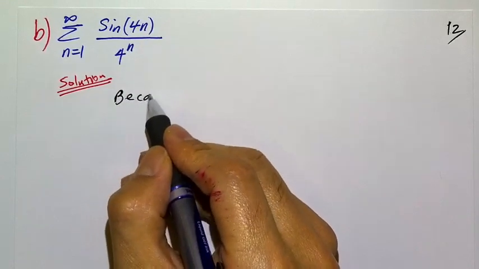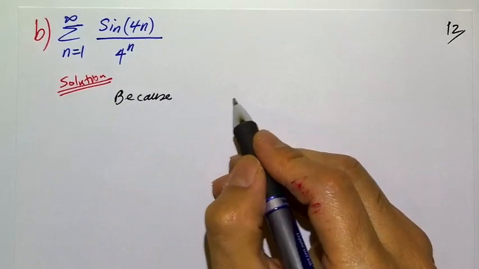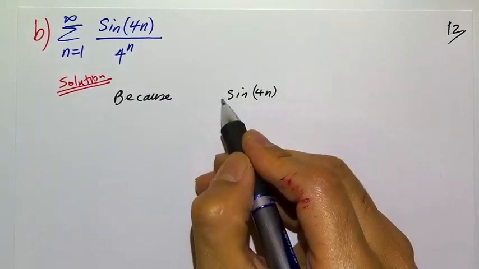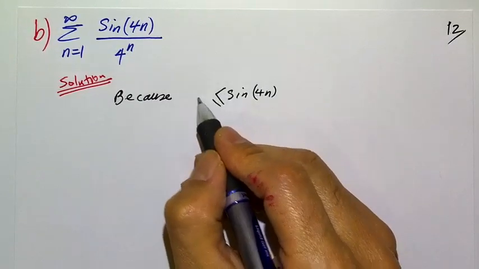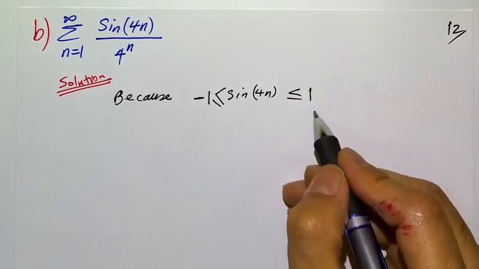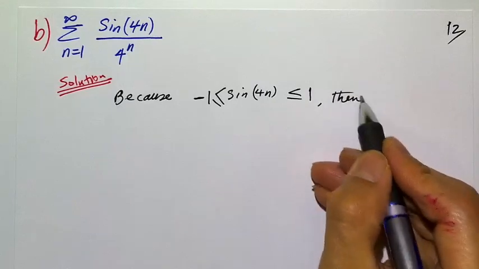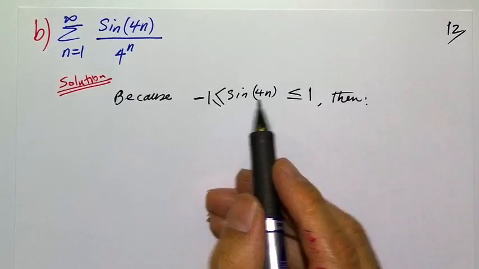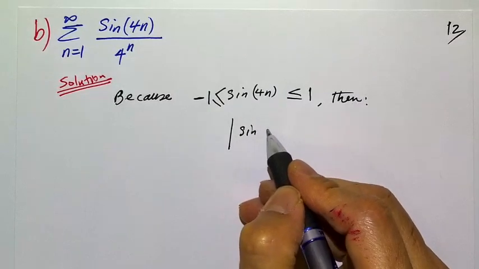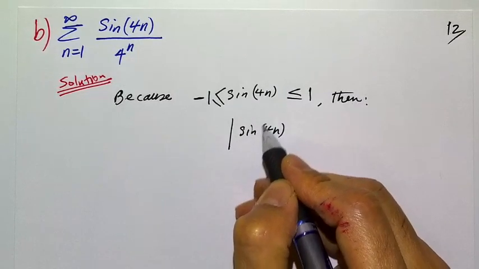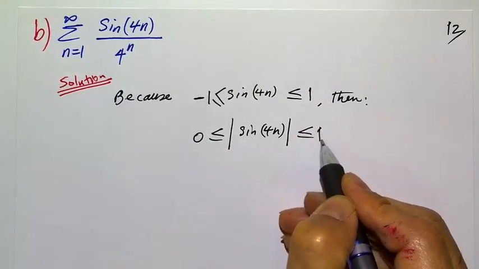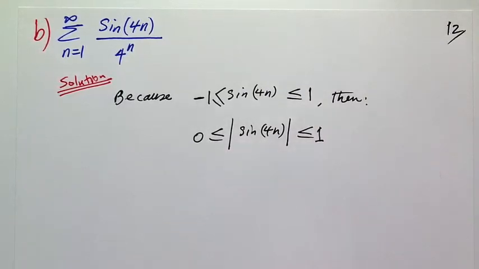So let's make a note of that, because sine of 4n varies between -1 and 1. Then if we take the absolute value of this, it's going to vary from 0 to 1. Okay.